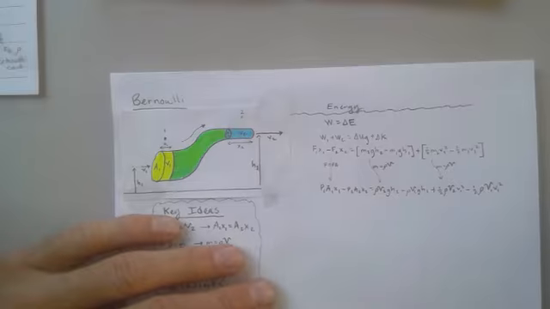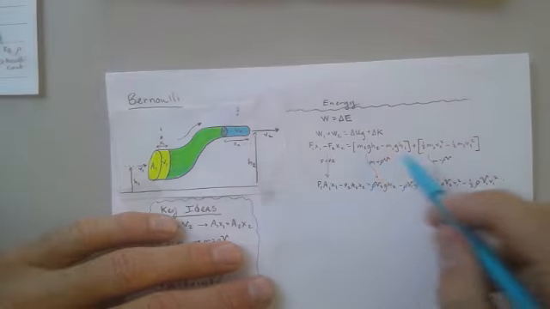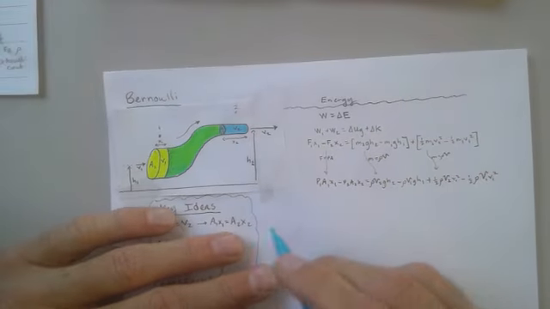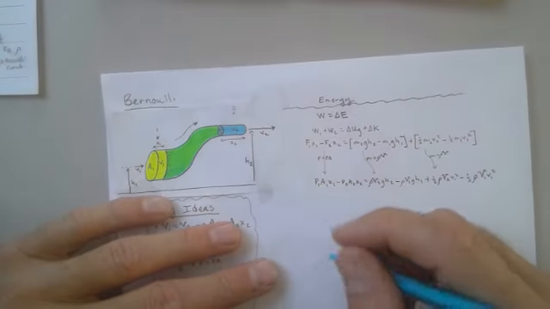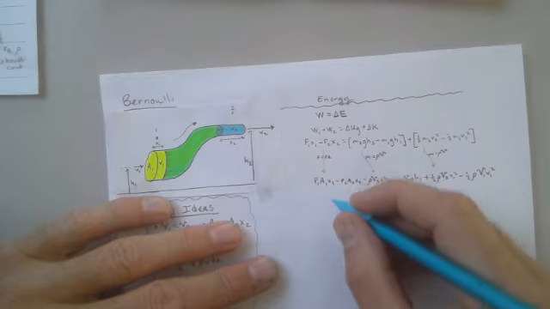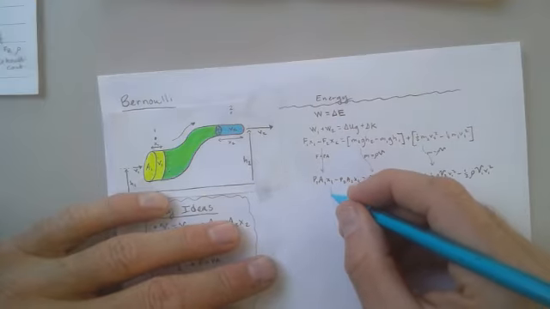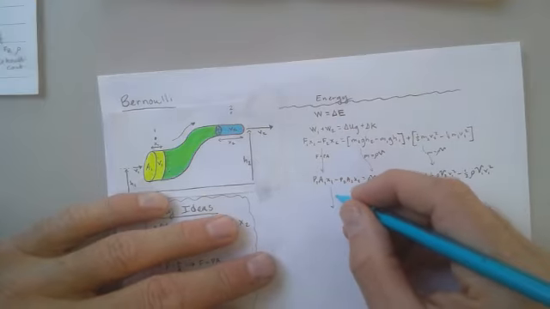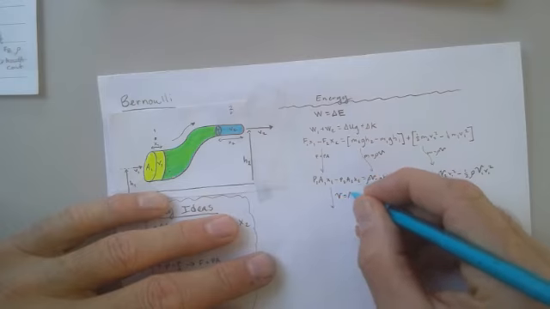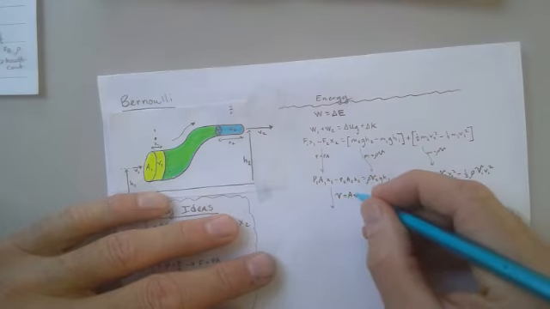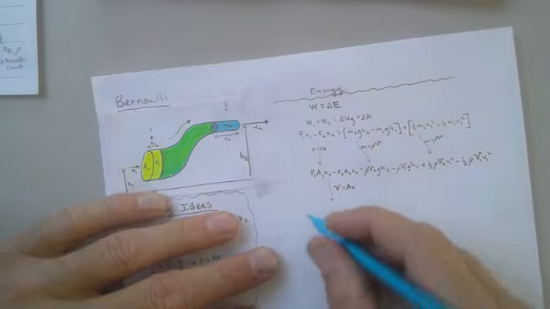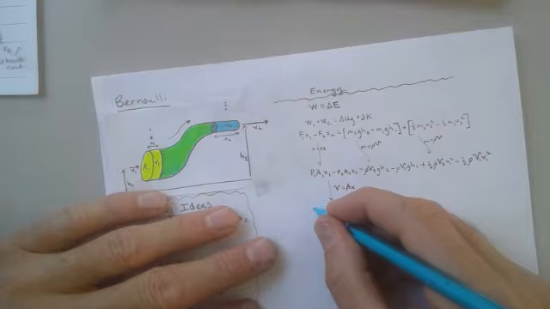All right, so we've switched some of our stuff around here by making some substitutions. I'm going to do one more substitution, and I'm going to say, hey, our volume is really just cross-sectional area times x. So I'm going to rewrite this another time.